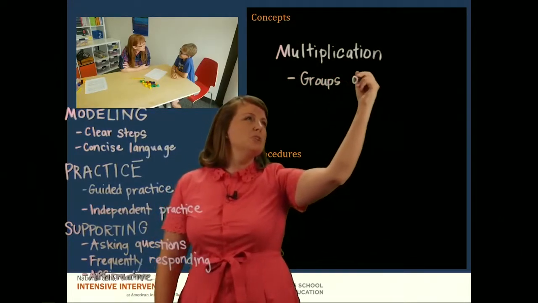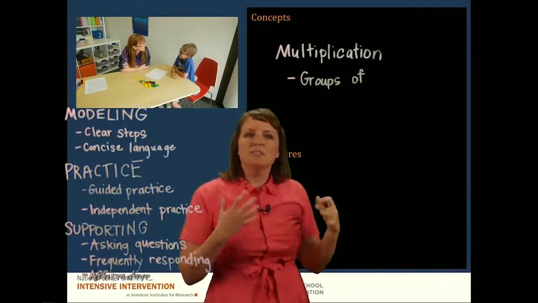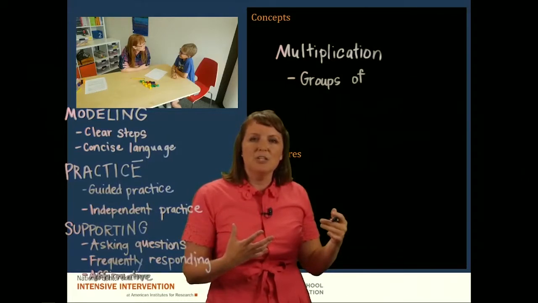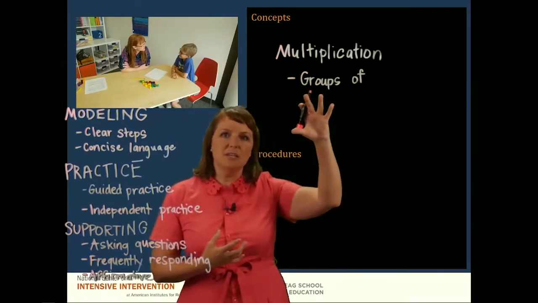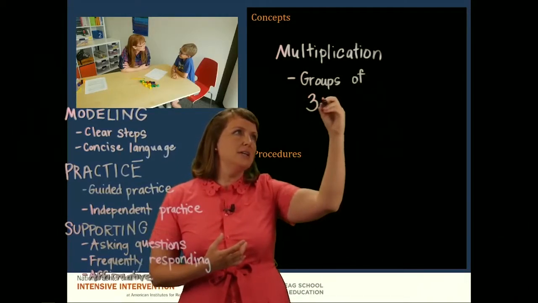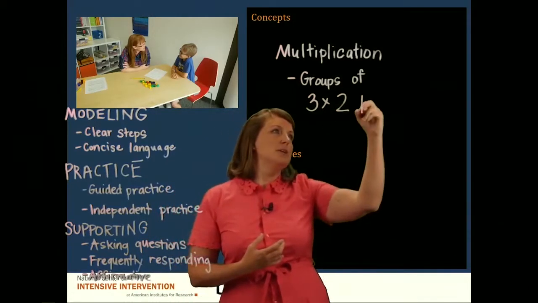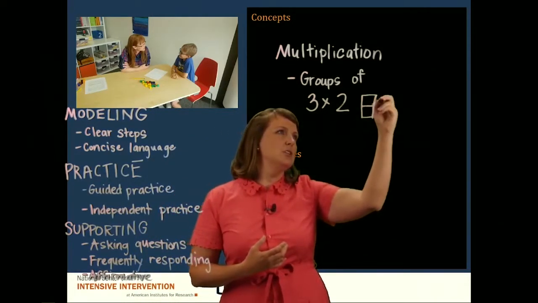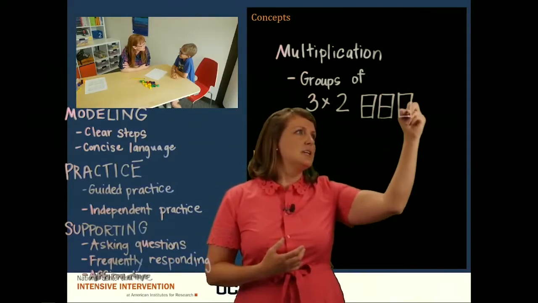Now, in this module, part 1, we talked about that there's several ways to think about multiplication. The really introductory model of multiplication is thinking about groups of. So she had 3 times 2, or 3 groups of 2. That means that she was visually showing 3 groups with 2 in each group.